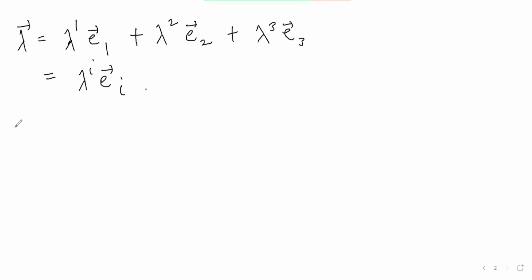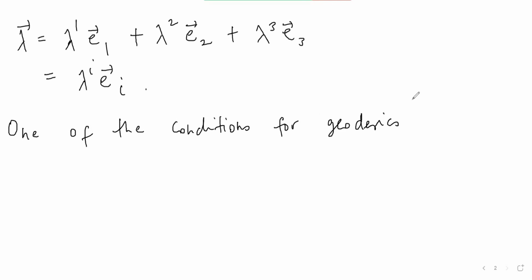So let me write this down: one of the conditions for geodesics is called the straightness condition.